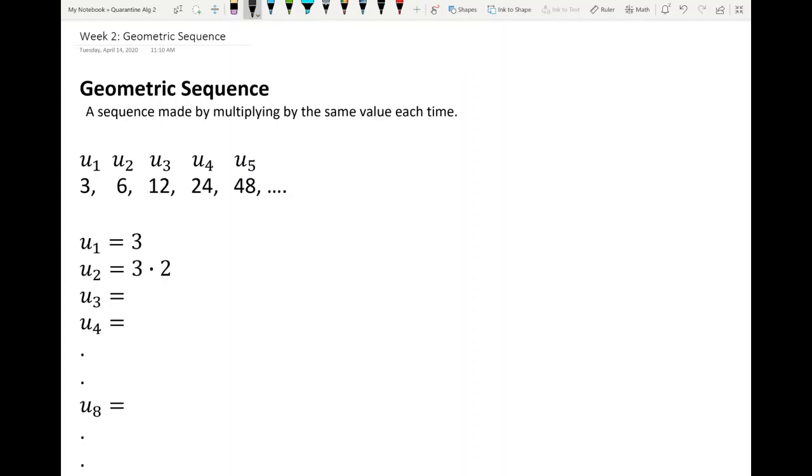For the third term, you multiply another 2 to get to 12. So in order to get to 12, you have 3 times 2, which gives 6, then you multiply another 2 and you get 12.